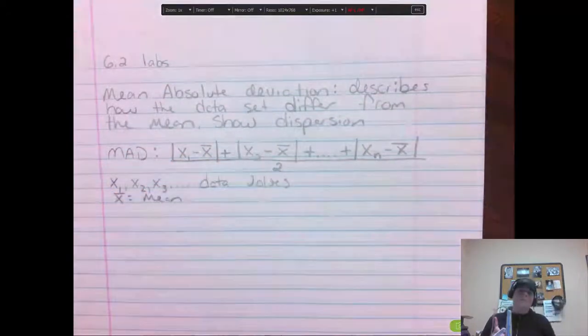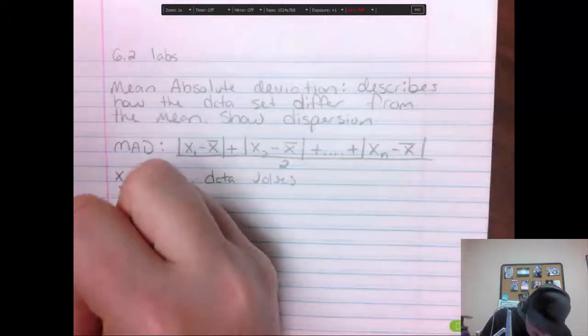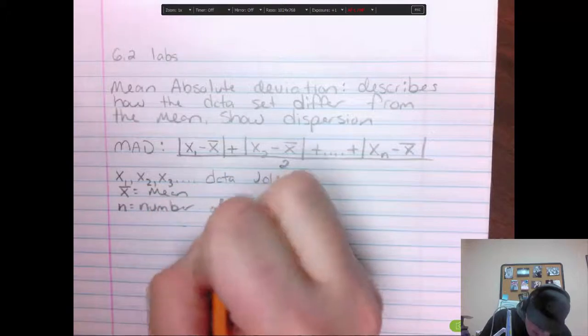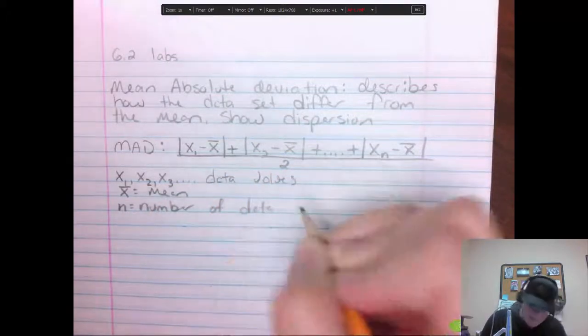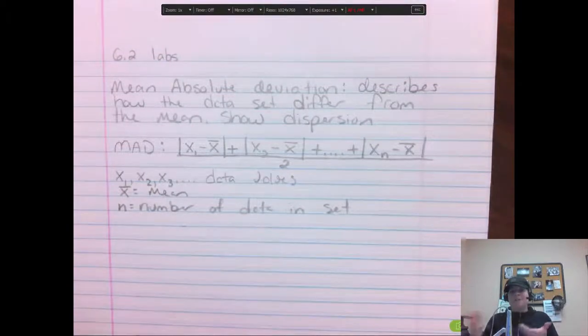And that one will come up a lot because when you're using graphing calculators, anywhere you see the mean, they use that symbol instead of actually writing the word mean. X bar is the mean. And then n represents the number of data values in your set. So if you have 25 numbers, then your n is 25. If you have 10 numbers, your n is 10. So those are the three things we're looking at.